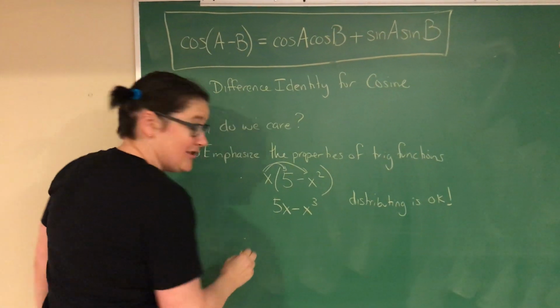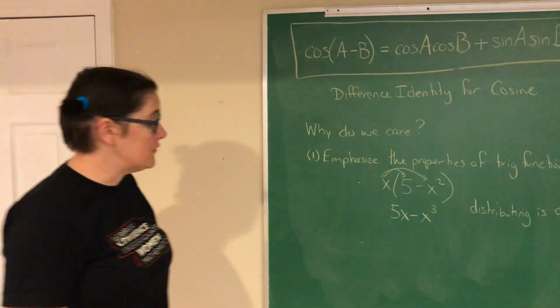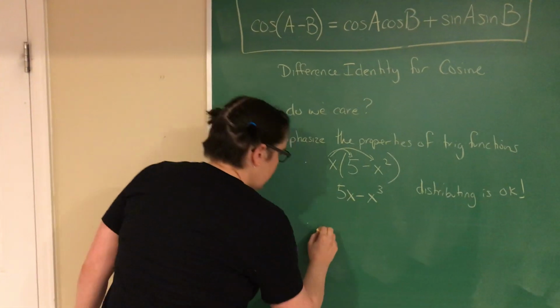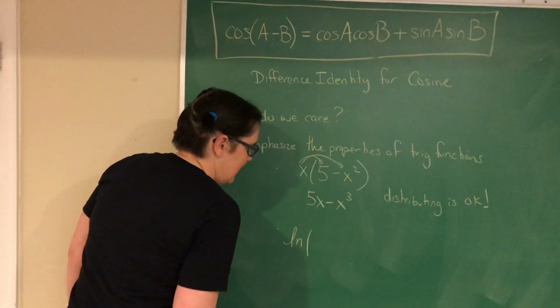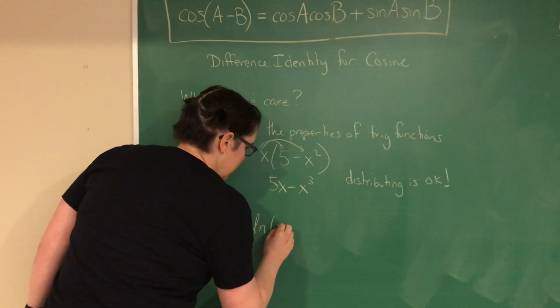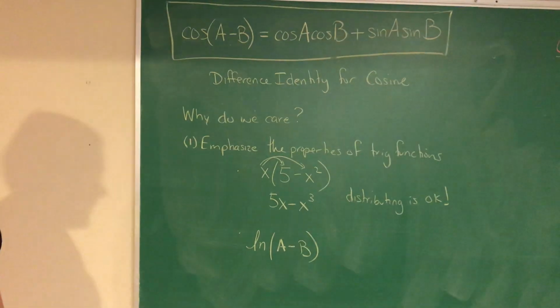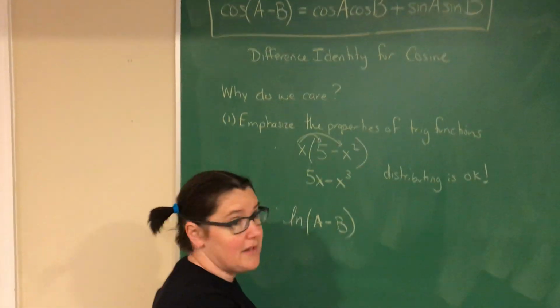On the other hand, in your college algebra class, you learned about another type of function, the natural log function, where you might have had something like natural log of a minus b, and this one you are also not allowed to distribute.